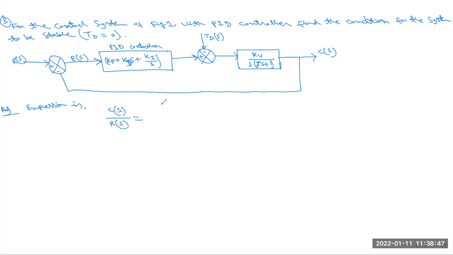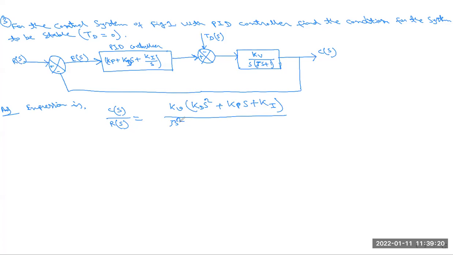We know the expression of the PID controller in this given format: KV into KD S square plus KP S. Those who have not understood, please go through the previous classes' videos. We explained one by one the proportional controller, integral controller, and also derivative controller.